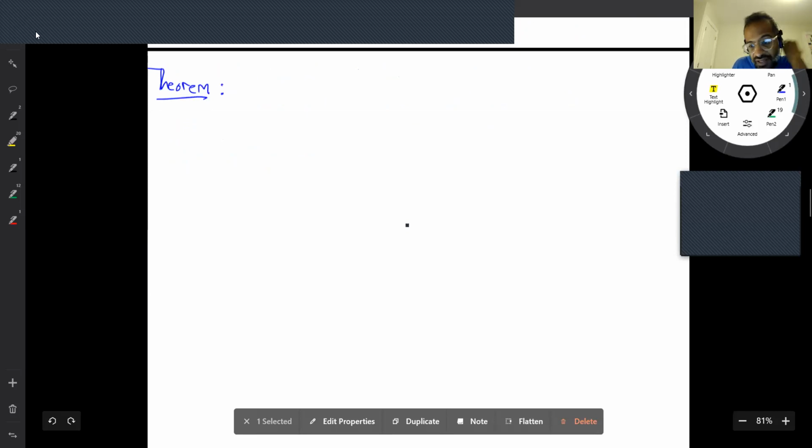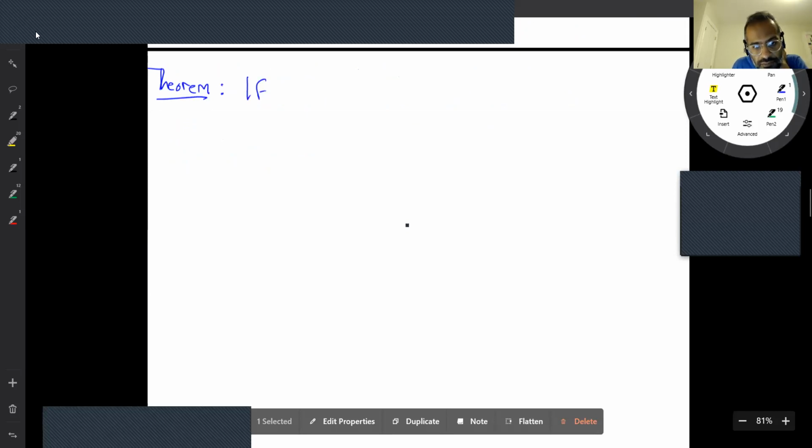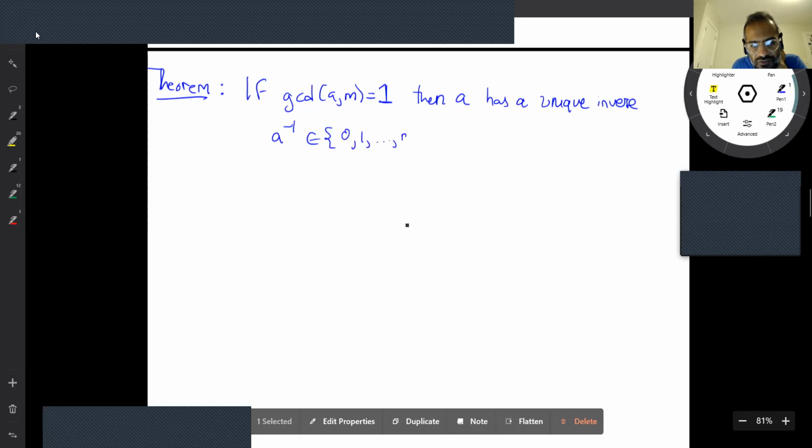The theorem is: if A and M are relatively prime, then A has an inverse modulo M. Actually, A has a unique inverse, A inverse, in this set 0, 1, all the way up to m minus 1.